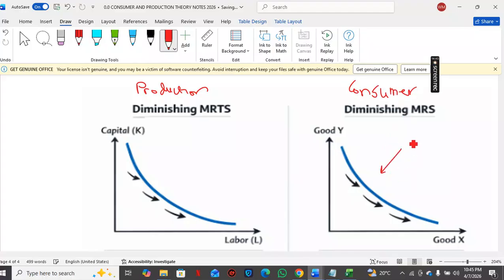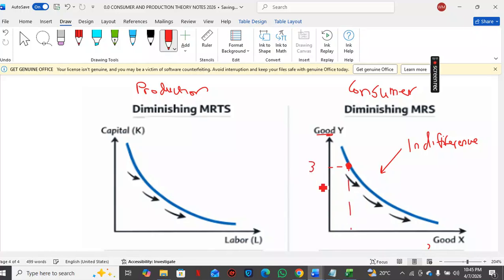Okay, for the consumer theory, this is an indifference curve. Basically, it shows the combination of good X and good Y that you can have whilst maintaining the same satisfaction.